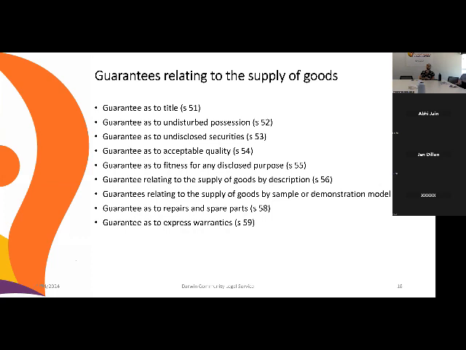So generally, with disclosed purpose, it creates an additional barrier because you normally need to show that you made the person aware of that particular purpose. And as we know, with all disputes, there's going to be two sides to the story. One is obviously going to say, I let you know. And the other side, there's a very good chance they're probably going to say, I don't recall that.